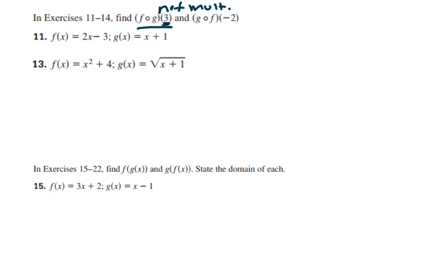So in this case, for number 11, for instance, if my f equation is this one and my g equation is this one, I'm actually trying to solve, let's use the colors, f of g of 3.